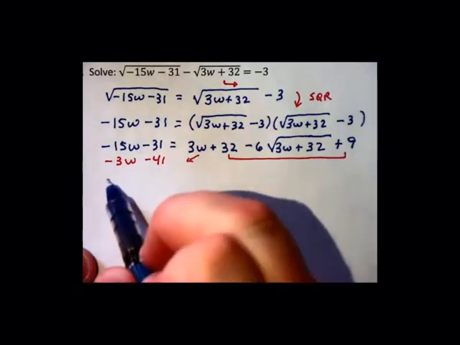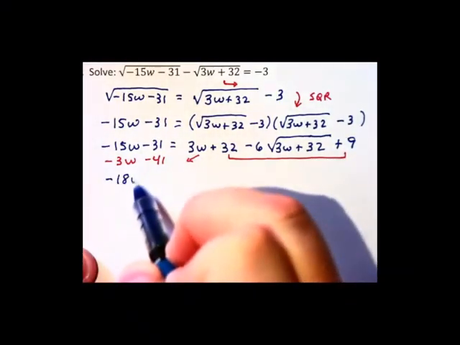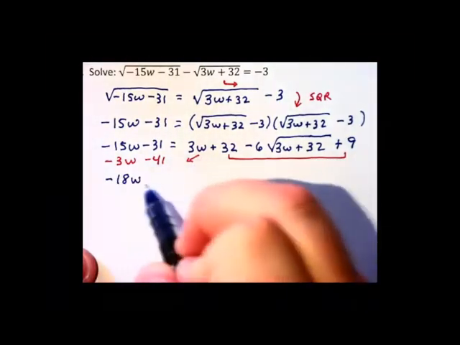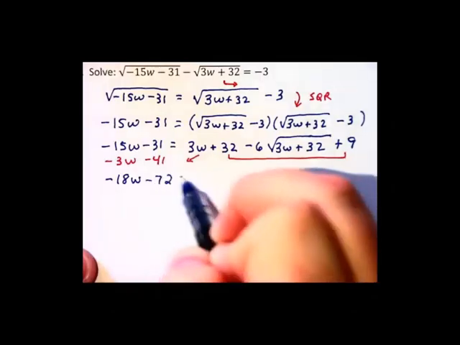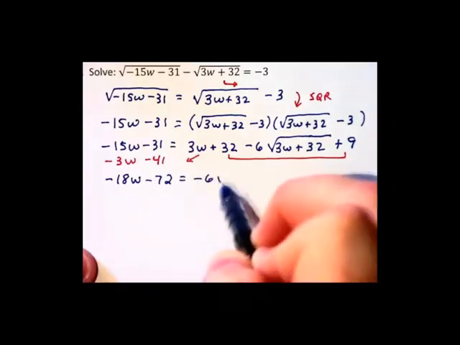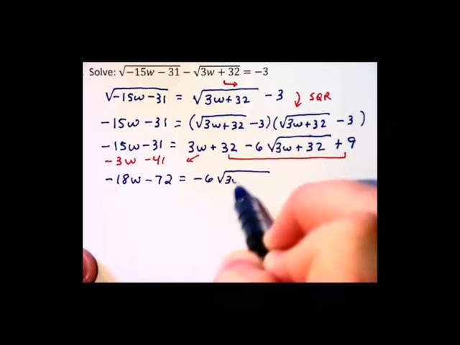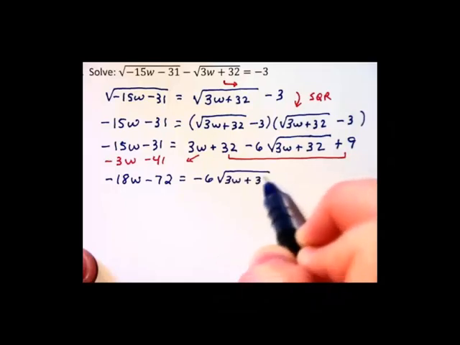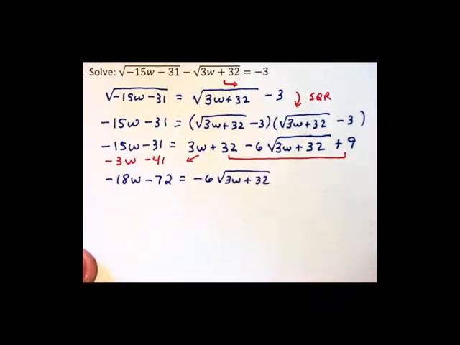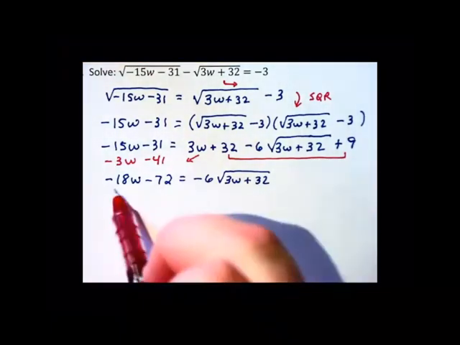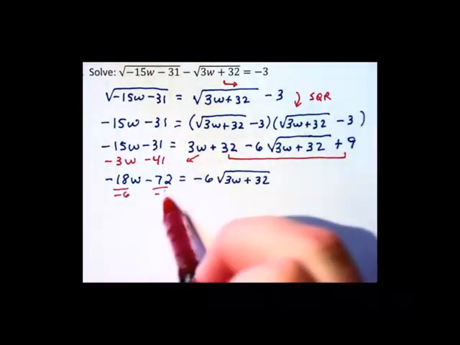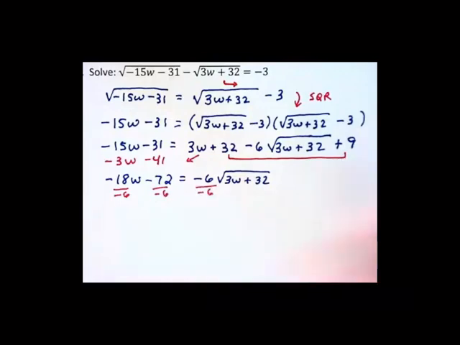So we're going to have negative 18w minus 72 equals negative 6 roots of 3w plus 32. I don't like all the negatives, but I do see that if I divide through by negative 6 everywhere, those negatives just disappear from the scene.